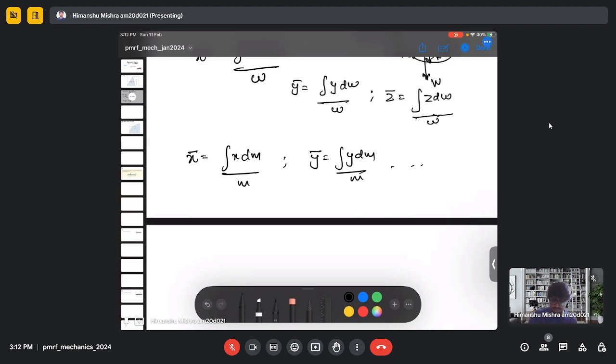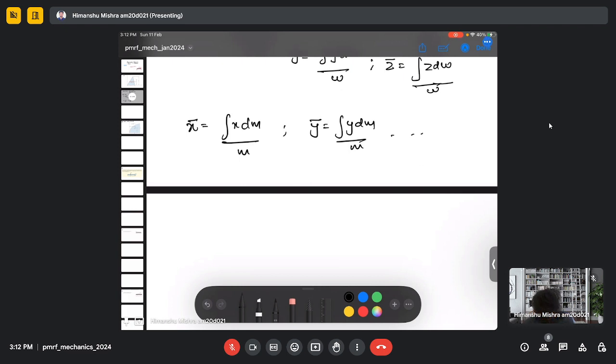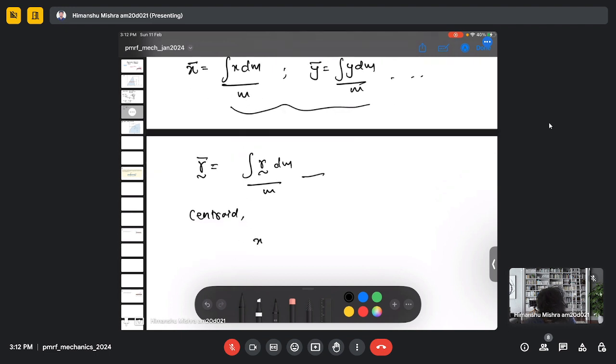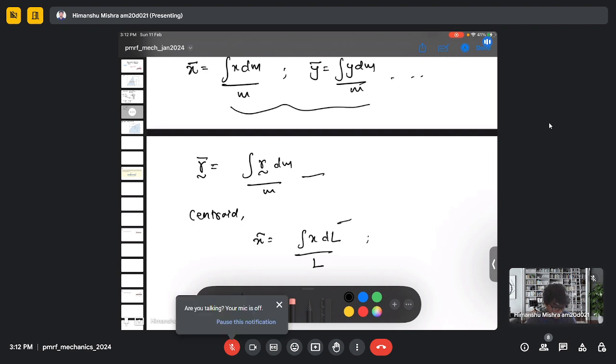And the centroid can be given as, so this is again the vector version of the center of mass, and the centroid is, so this is the centroid of a line element.